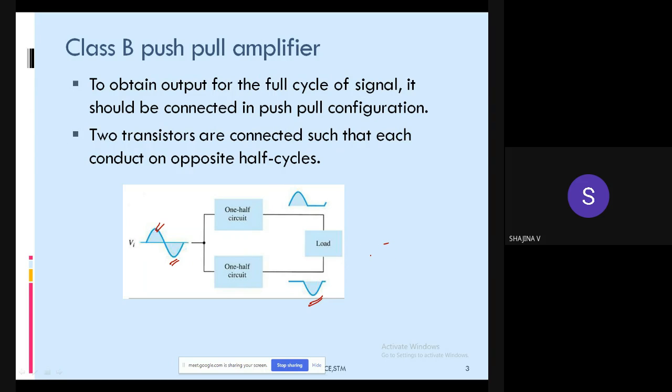So this is the concept of the push-pull amplifier. In push-pull configuration, we have to use two transistors. Here we are using two identical transistors, normally two identical NPN transistors.